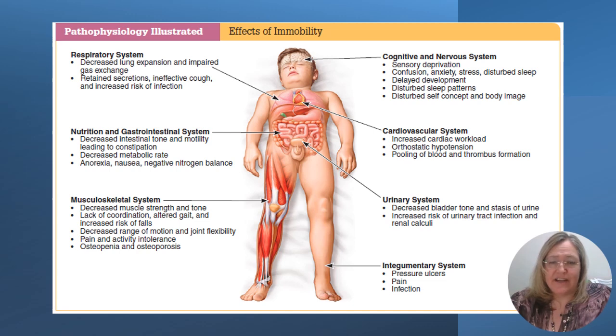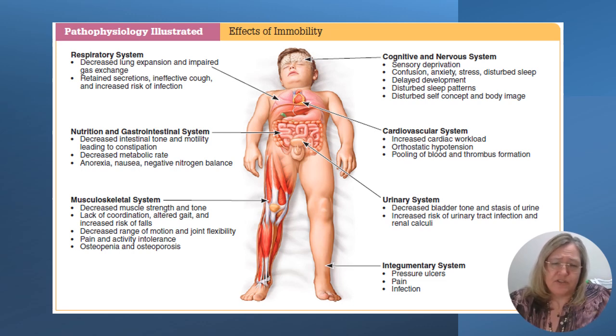This slide I included so that you could go over in your mind, and you probably already know a lot of this, the effects of immobilization on the rest of the body. So even though we're in the musculoskeletal chapter, there is an effect on every other system in the body when you're immobile.